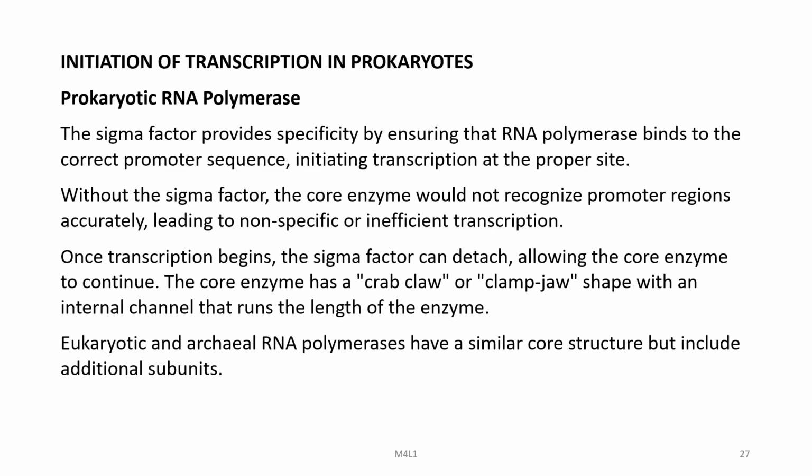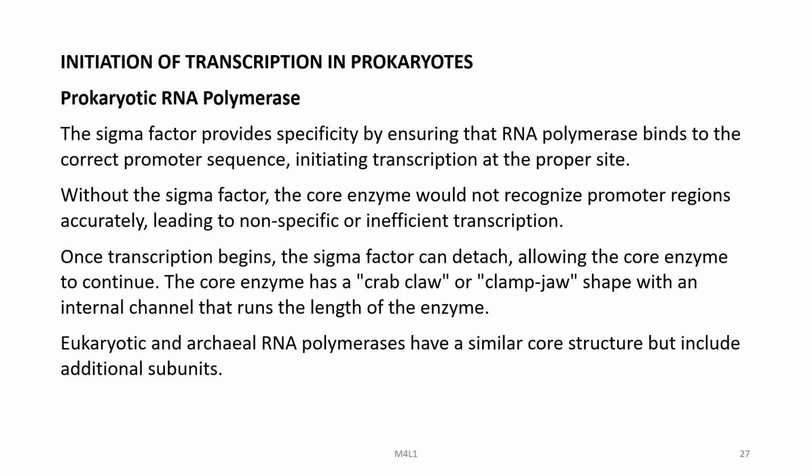Once transcription begins, the sigma factor can detach. So, sigma factor is like a person who goes and introduces you to the house you want to visit, and then after introducing you to the house you want to visit, it will go away.